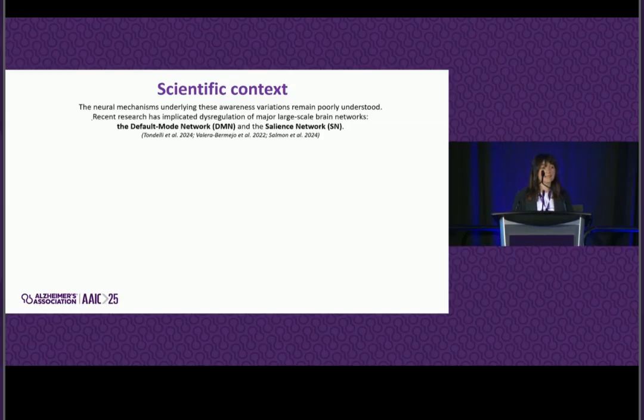The neural mechanism underlying this awareness variation remains poorly understood. Recent research has implicated the dysregulation of major large-scale brain networks in the awareness continuum. In particular, the default mode network and the salience network are the two larger networks involved in this mechanism.